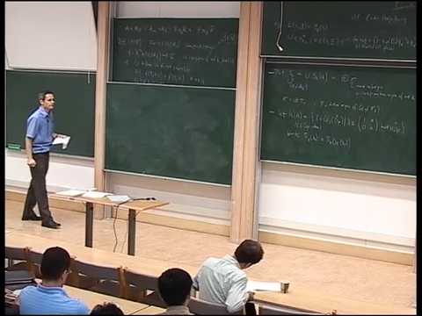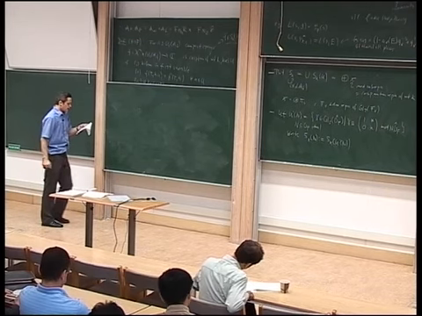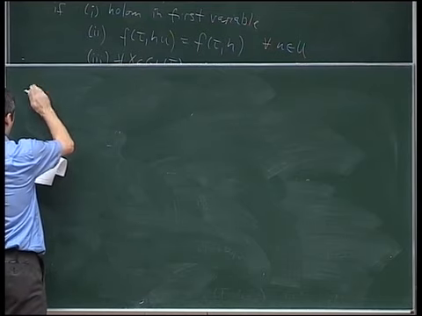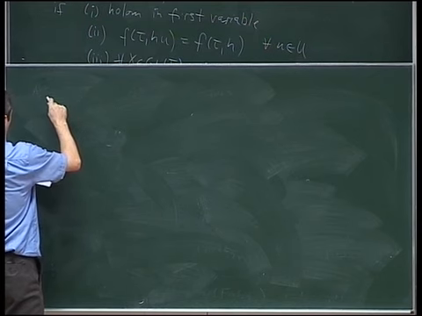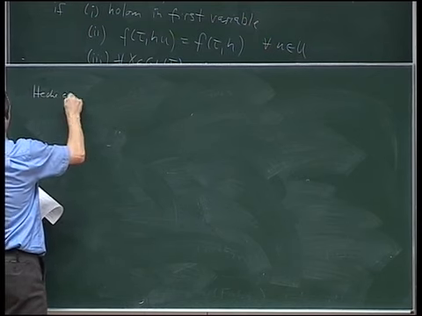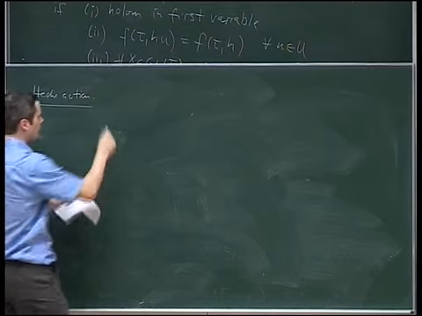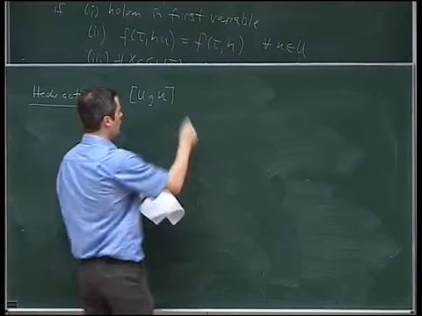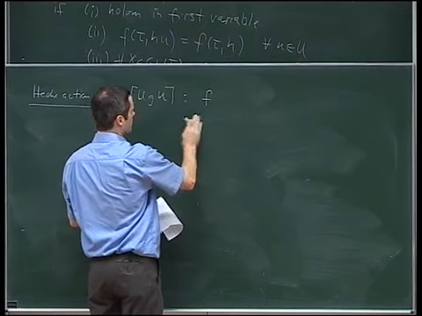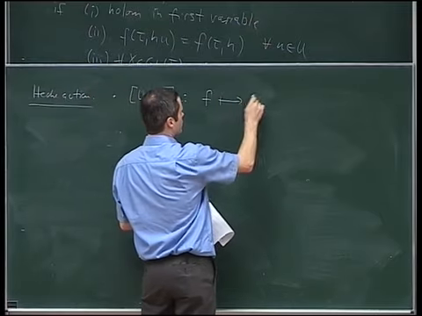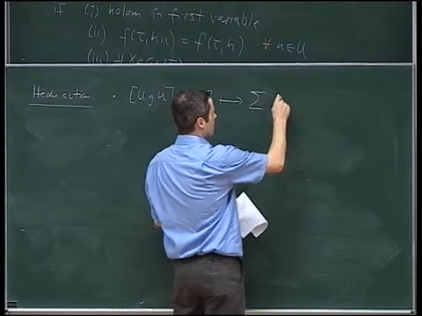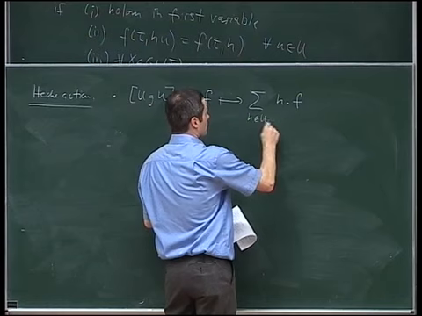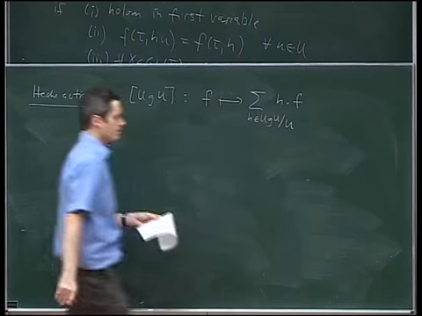Or maybe with SL2 of Q. Now, I need to define the Hecke action, and this can be written as the action of double cosets on these modular forms, and it sends a function to the sum of the translates under the right cosets of my double coset.